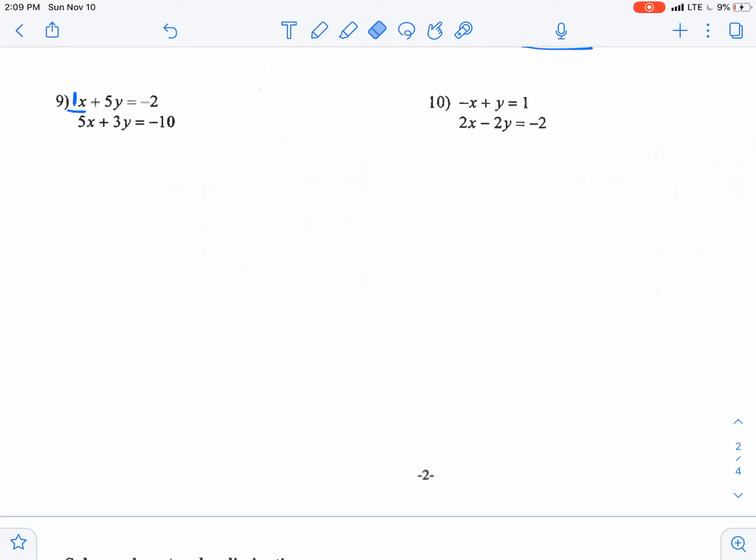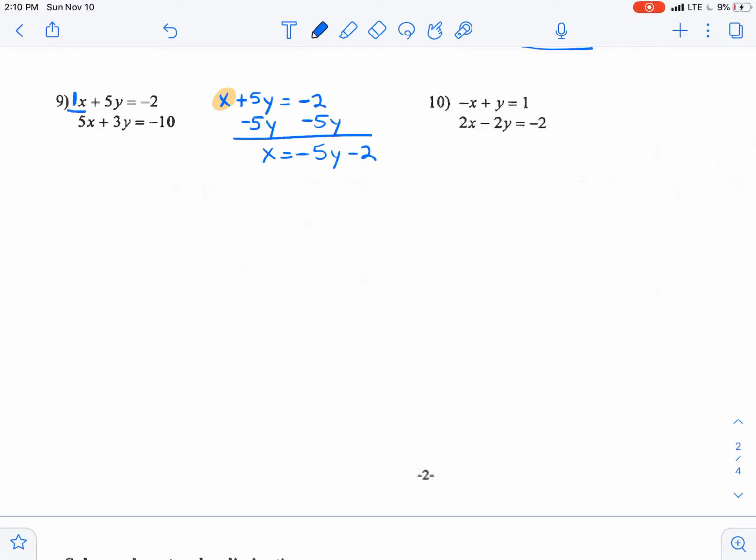Okay, so I am going to take that first equation and I'm going to solve it for this x. Okay, in order to do that, I would move the y over. Okay, and now I have the 1x.